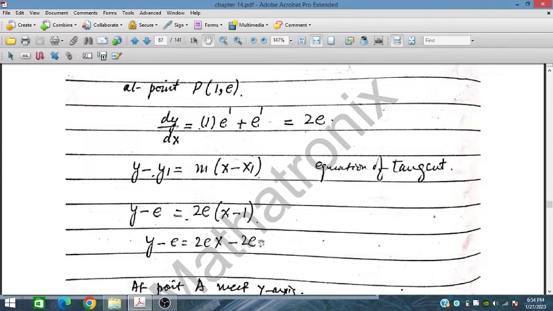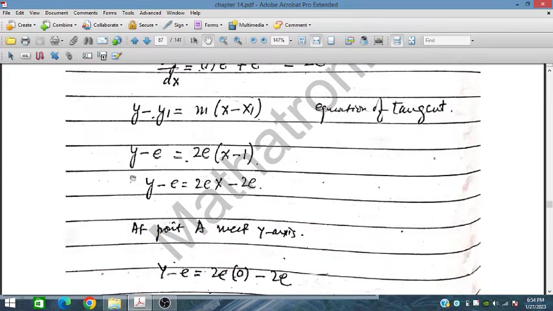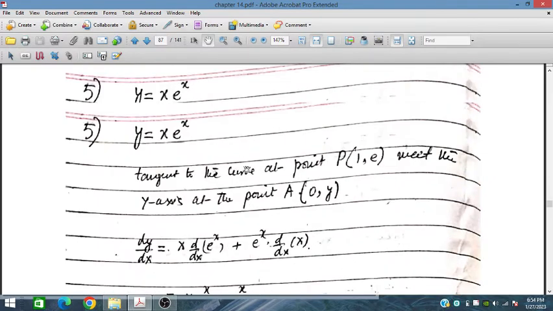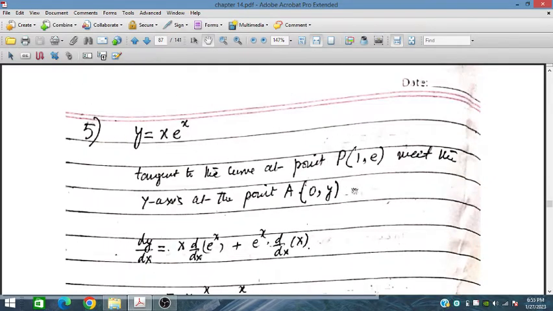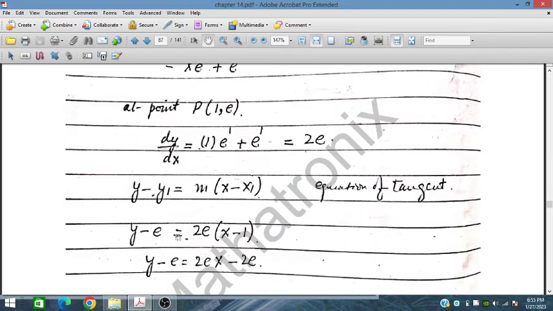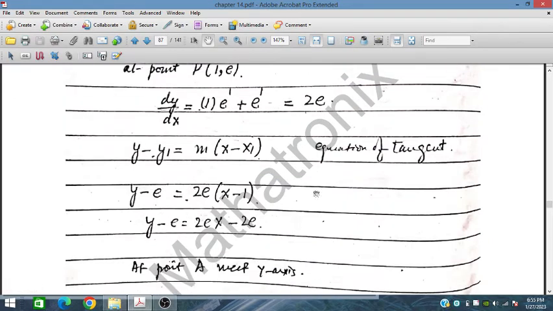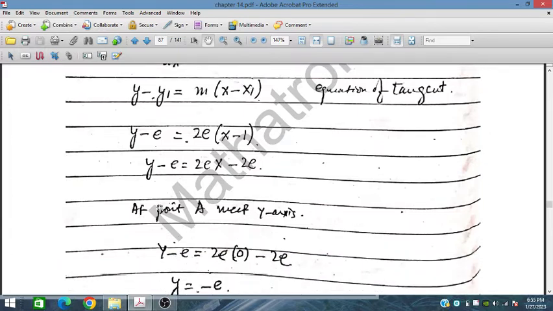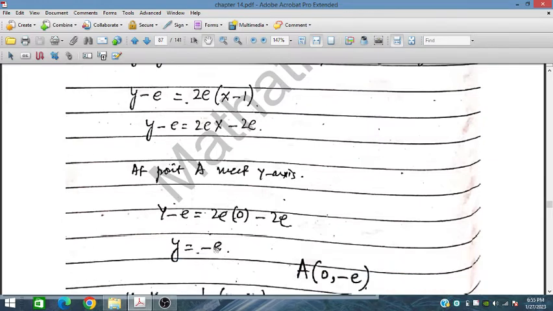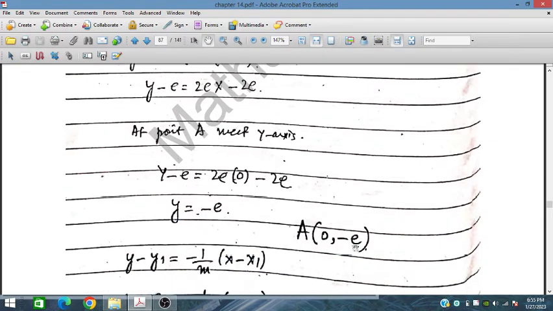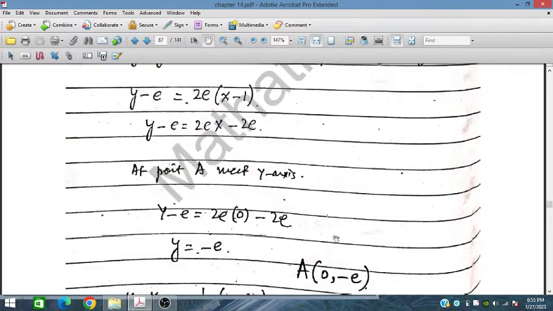From this we have the equation of the tangent to this curve at point P. Now this tangent meets the y-axis at point A. At the y-axis, x is equal to 0. So at x is equal to 0, point A will be obtained, and y is equal to minus e. So the point A is (0, minus e).